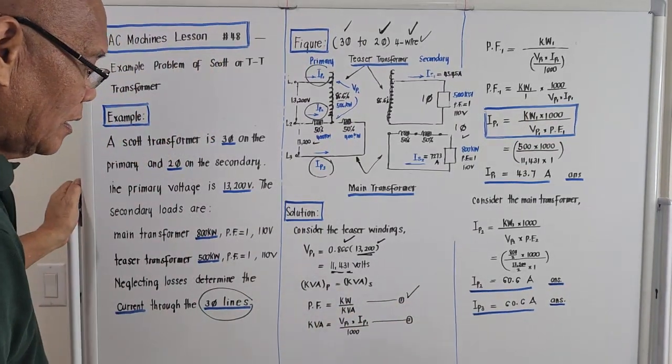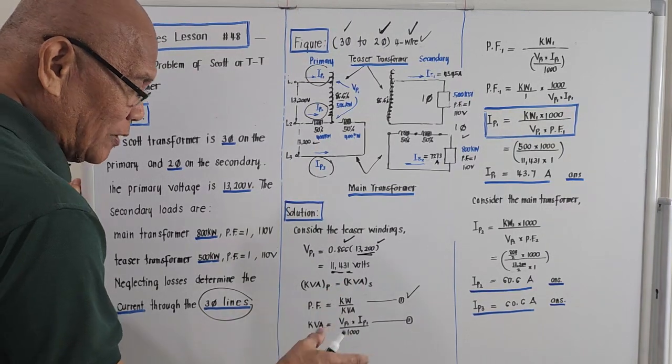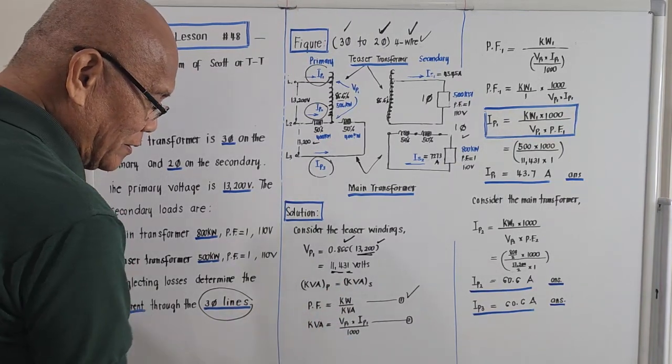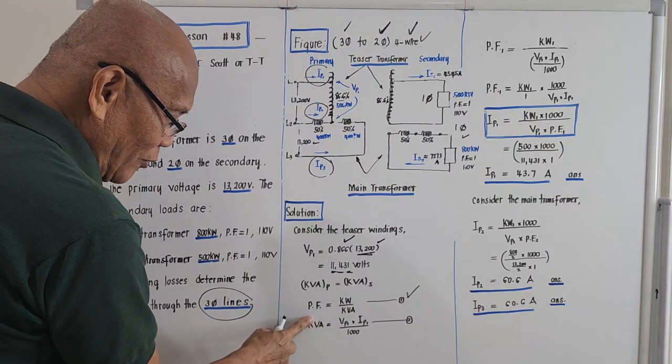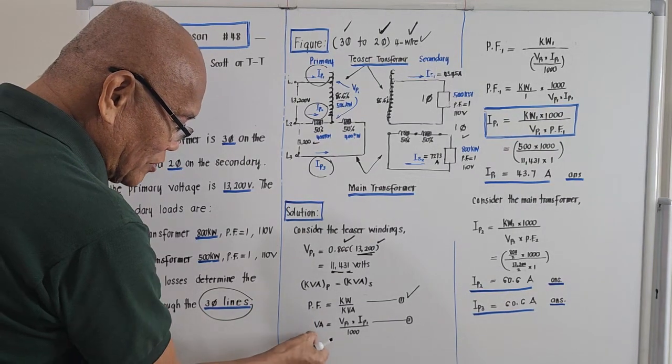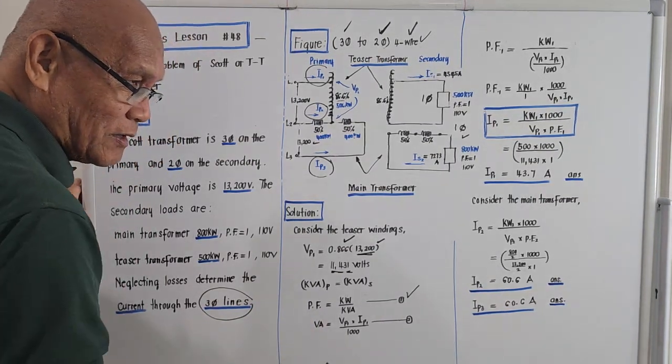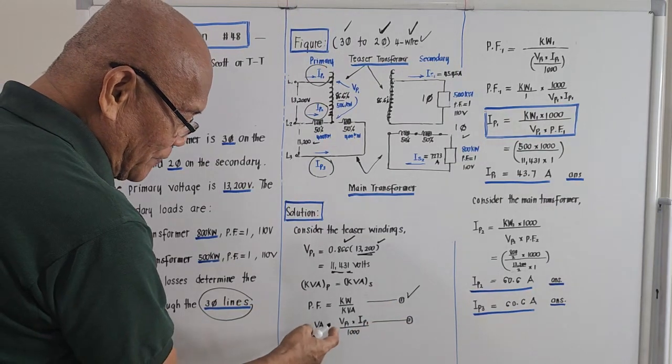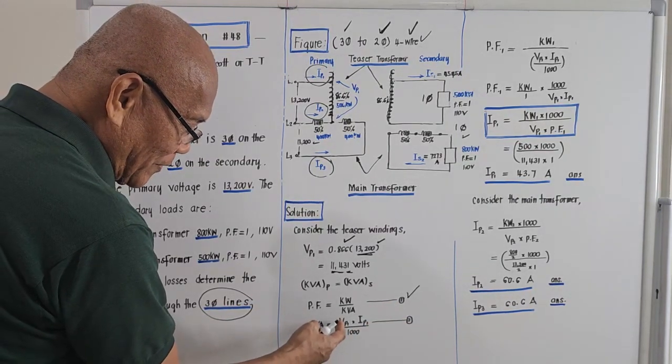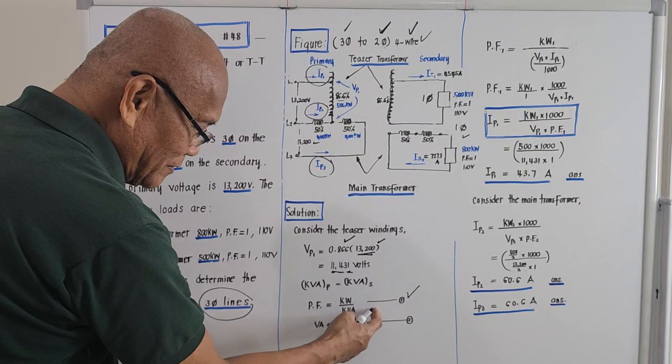We'll try to bring out the formula and how to compute for kVA. We'll remove first the K. What is volt ampere? The product of voltage and current, right? The volt ampere is actually the product of voltage times current.